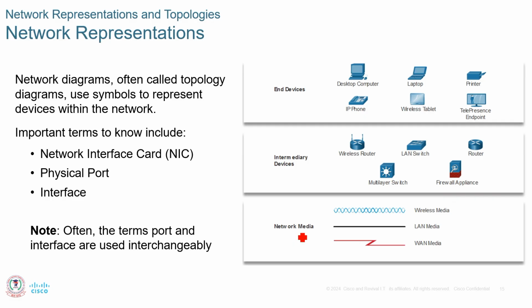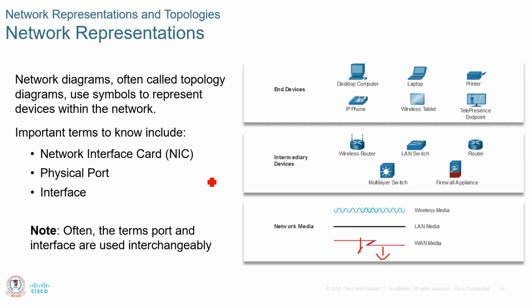We have the wireless media, we have the LAN media, we have the WAN media. This is a serial link, a serial cable. This is a copper cable and this is a wire. This one can also be a fiber optic, because they use fiber optic for WAN connectivity because of the quality and the standards with which it can carry signal from one source to a destination.